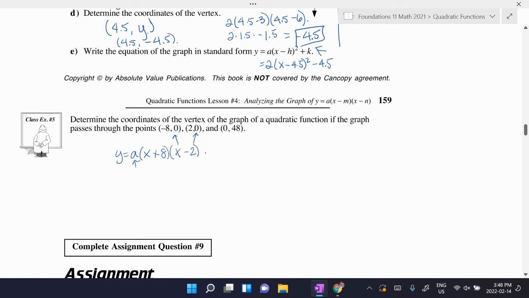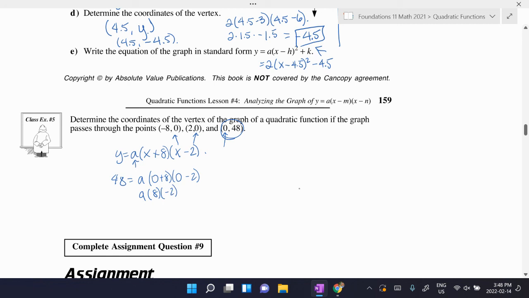So now we just need to find a. We can use this when x is equal to 0 and y is equal to 48. So 48 is equal to a times x, remember, is equal to 0. So 0 plus 8 and 0 minus 2. So a times 8 times minus 2.